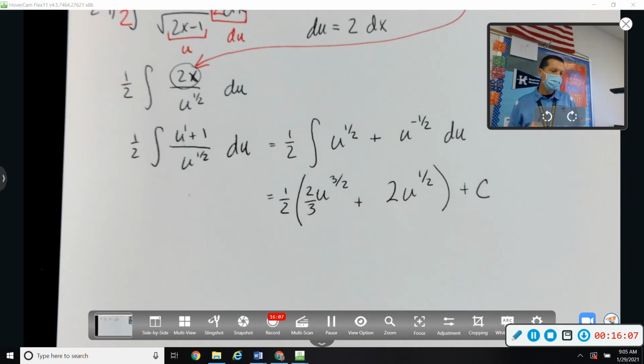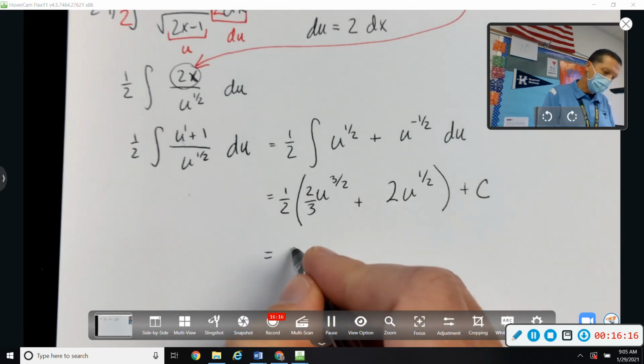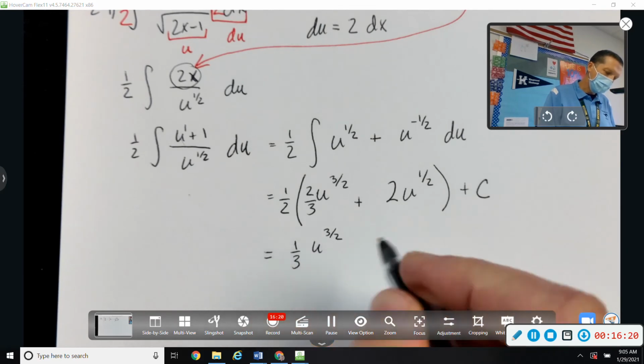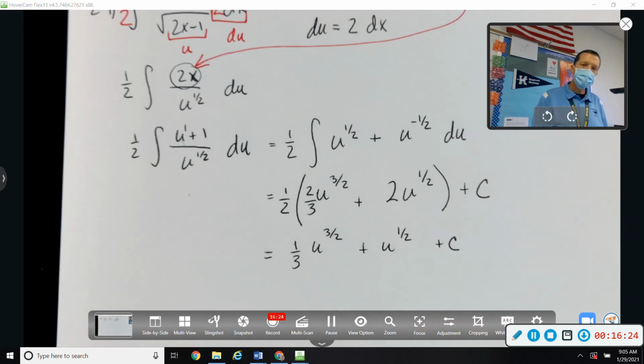Let's see, not quite done. What do we want to do with this? Let's distribute the 1/2. So 1/3 u to the 3/2 plus u to the 1/2 plus c.